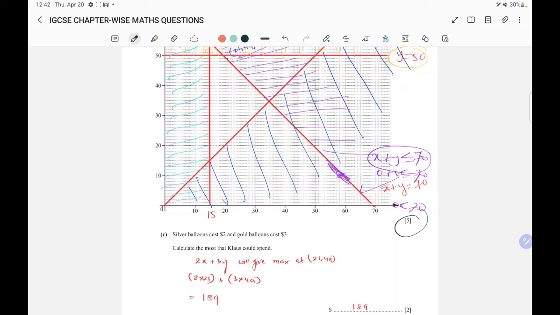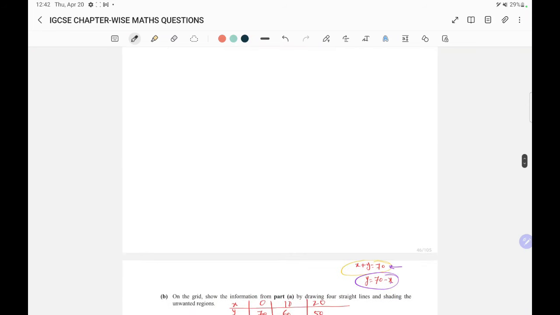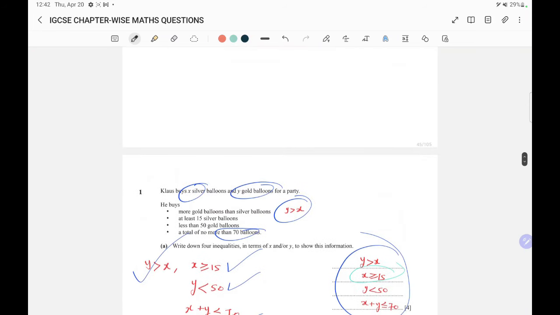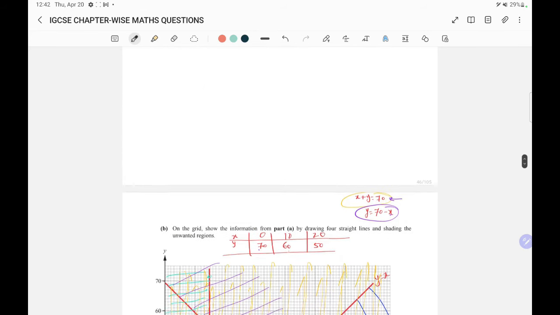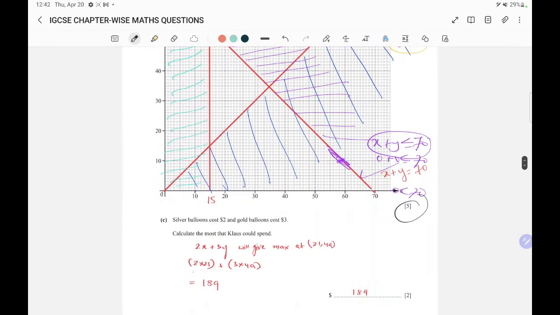Next, silver balloon costs $2 and gold balloon costs $3, and calculate the most that the class could have spent. So that's 2x plus 3y, because here it was already mentioned, where silver balloons was x and the gold balloon was y.